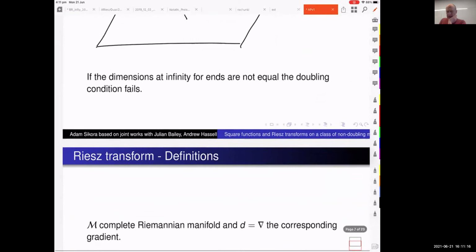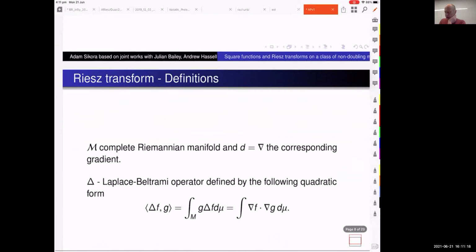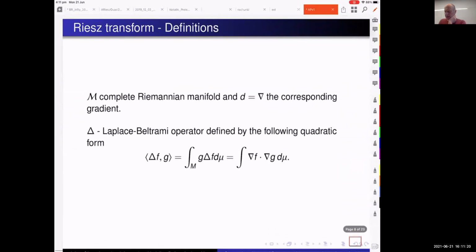Okay, so let me start talking a little bit more about the Riesz transform, about motivation. Talking about why you want to study harmonic analysis, it is because of PDE, as we said before. So let's start with why we are interested in the Riesz transform and what the Riesz transform actually is, because I have not explained this yet.